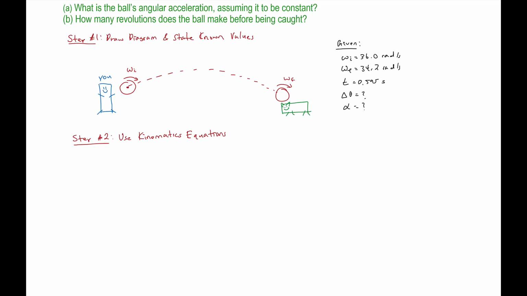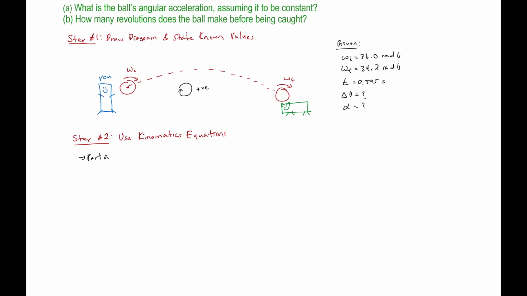So why don't we say this is positive, the clockwise direction, since we've drawn all of our rotations that way anyways. Let's just say part A is asking us to solve for the angular acceleration of this scenario.